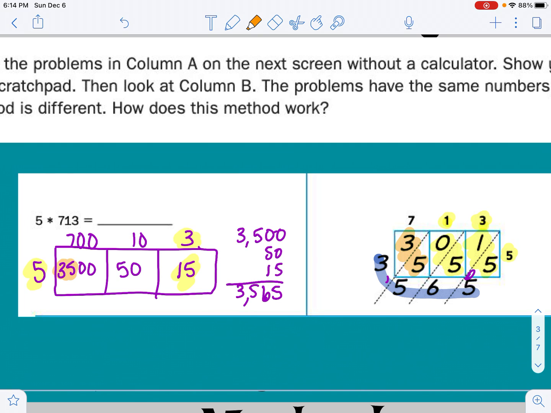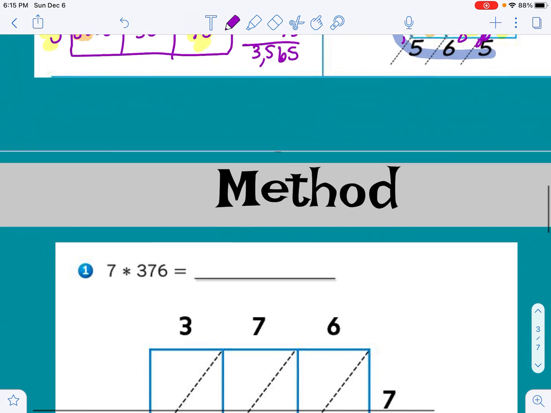If we put the 2 zeros on there, there would be another 0 here and another 0 here. It's not going to change the answer. Because it pushes it over to those other places, it pushes it into the right spot, these lattice boxes that we're using here.